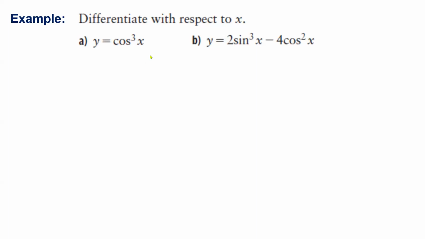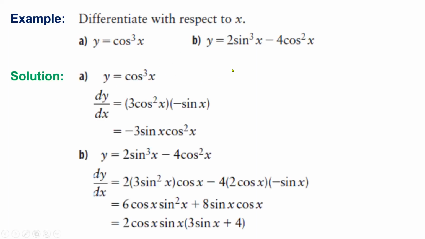Okay, so let's have a look at the solutions here. Question A, dy by dx is 3 times cosine x squared times negative sine x. So the final result should be negative 3 sine x times cosine x squared.